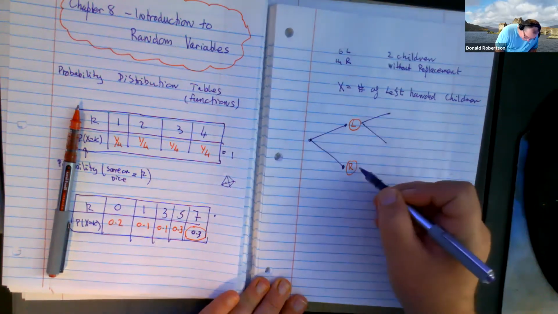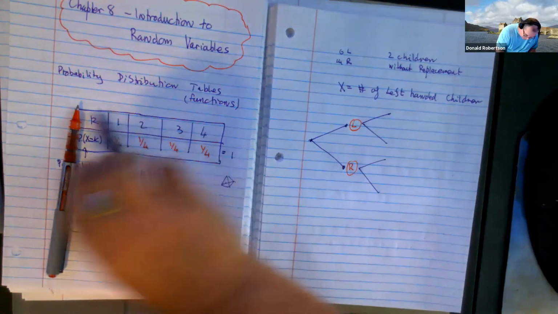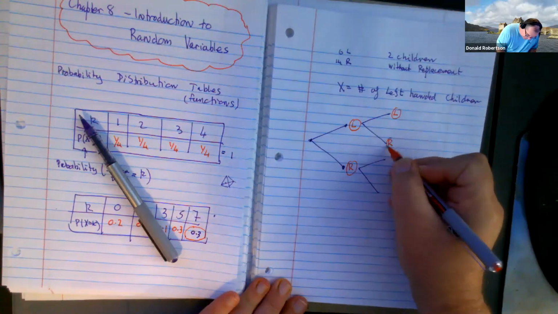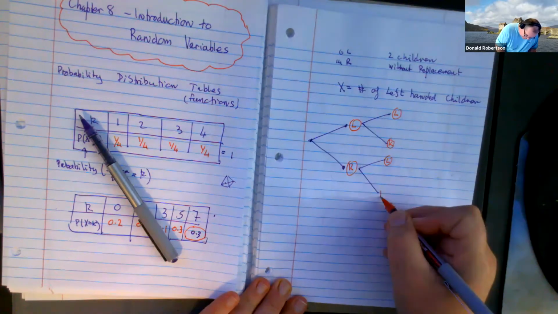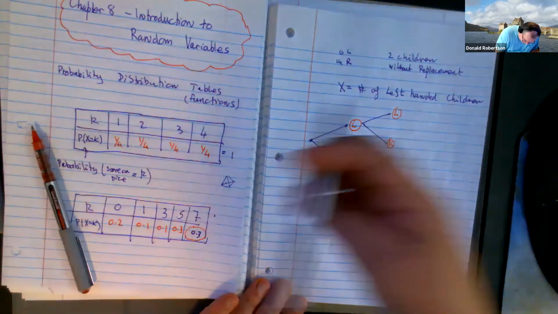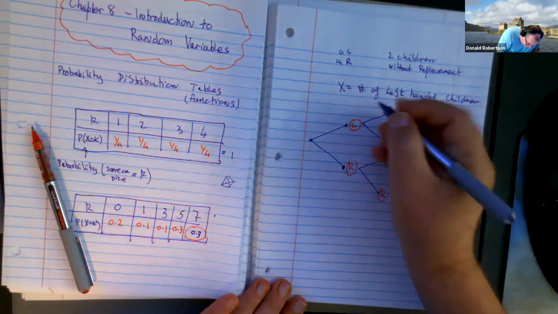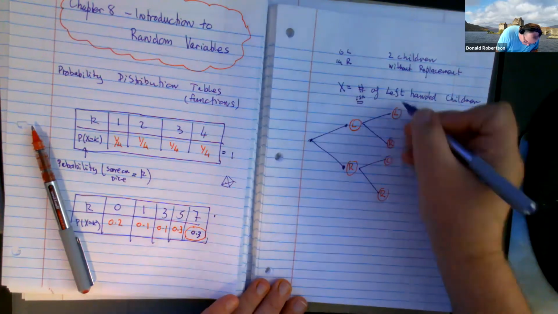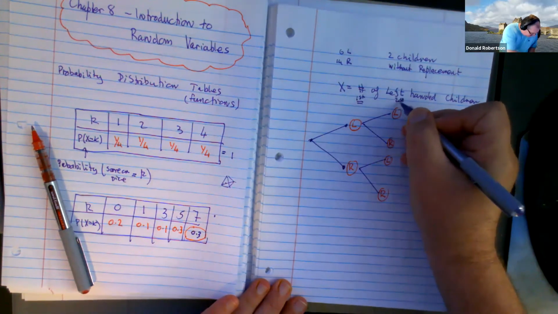And it's the without replacement that's basically screwing things up. So at each branch, the child can be either left or right-handed. That's going to be the first child here, and this is going to be the second child here.